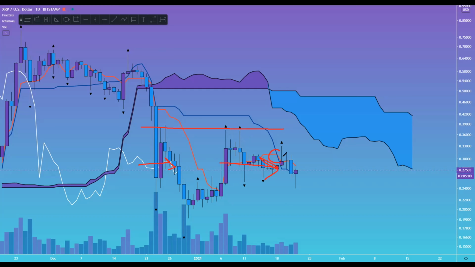So now price got back into equilibrium here from that TK crossover. And after it got back into equilibrium, now the market's going to look to decide whether it wants to go up or down. So if we're looking at this chart by itself, this is saying that we're bearish biased just off one glance.